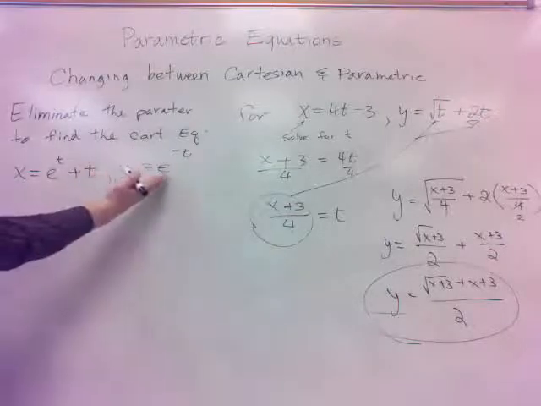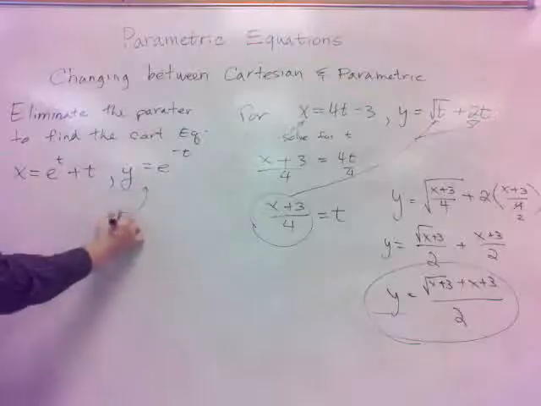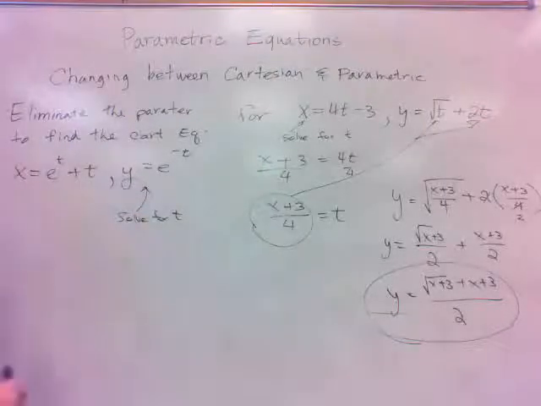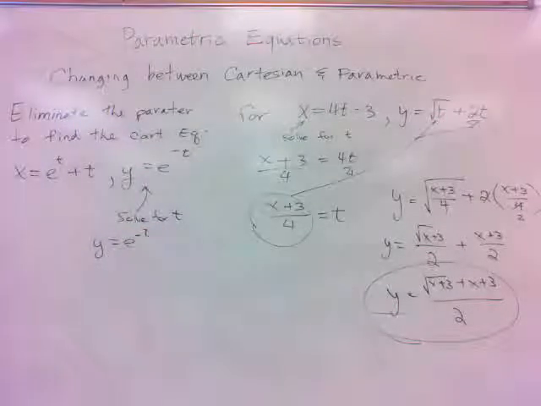Well, I think y looks easier to solve for t here, doesn't it? How do I solve y equals e to the minus t for t? Well, it's an e exponential equation. What do we do there?